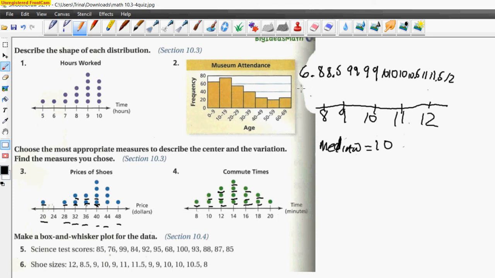All right. So now let us find, of course, the first quartile. And how do we find the first quartile? Let me write this down. First quartile equals what? Let's count them up. All right. 1, 2, 3, 4, 5, 6.